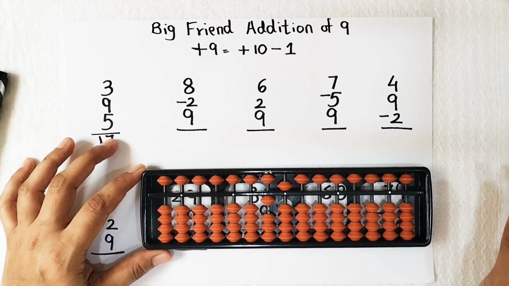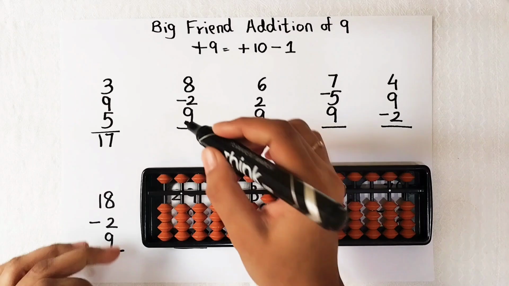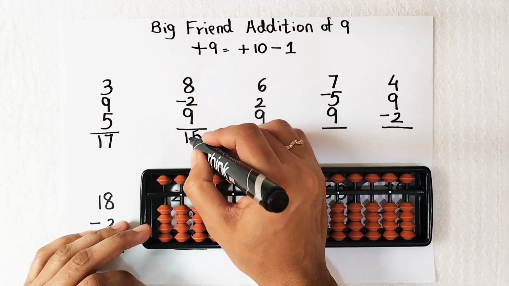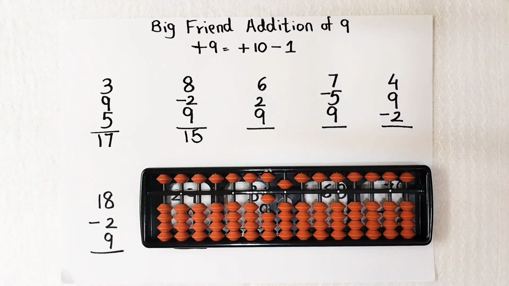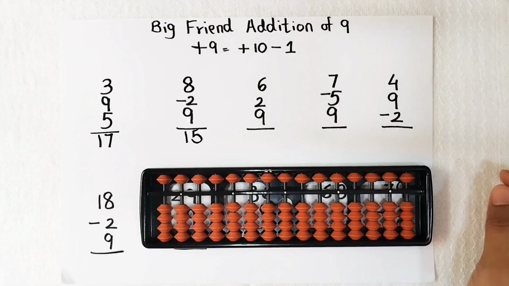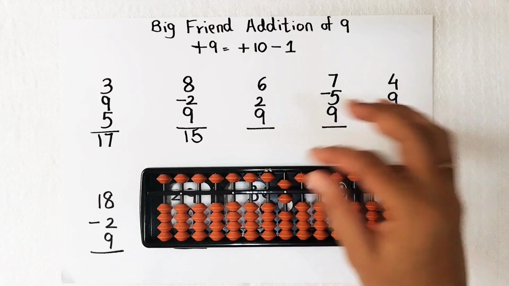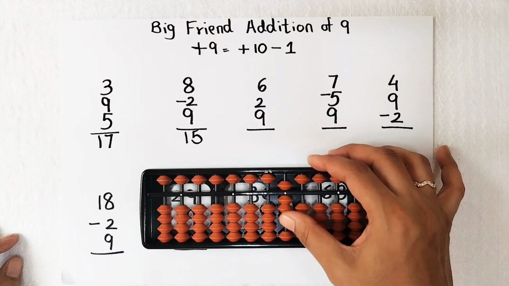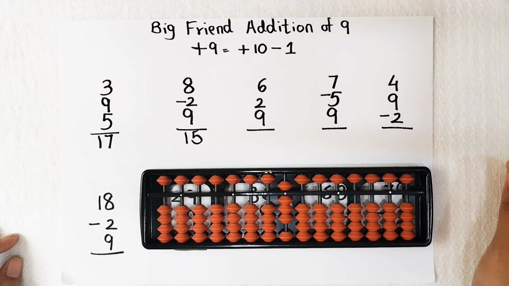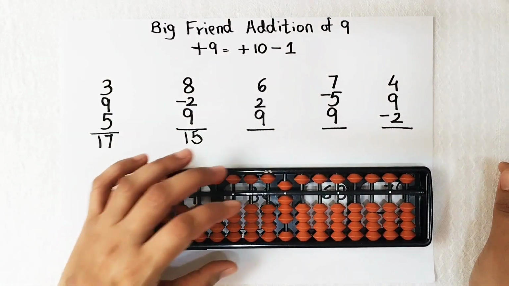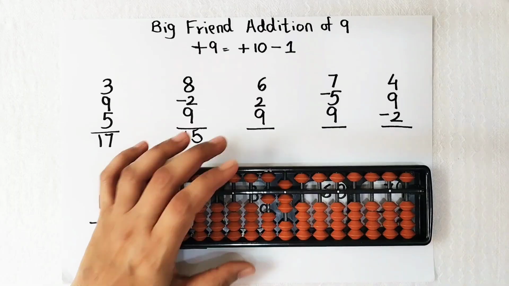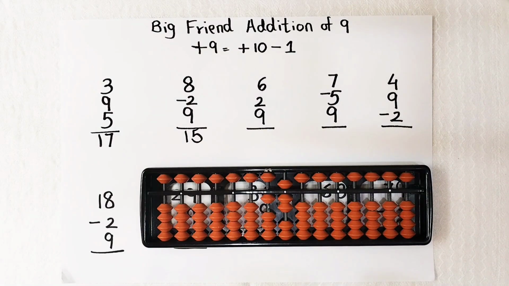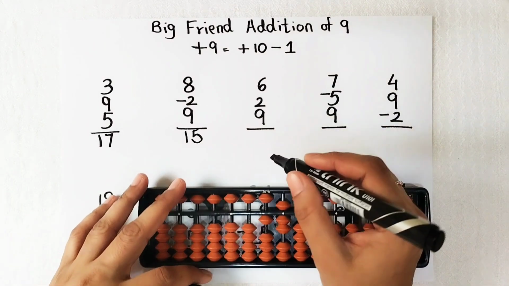So my answer is 15. Next one. 6 add 2. Add 9. The formula says add 10 less 1. So my answer is 17.